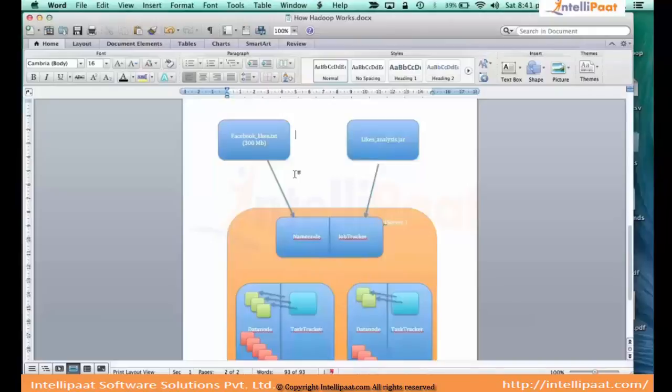I cannot just take that file and put it in some data directory and expect Oracle to know that. In a similar way, your data can be anywhere. You will have to manually run a command and dump that data. So you'll have to do something like hadoop fs -put. Irrespective of where the file is, you will have to run this command to dump it inside the Hadoop file system.